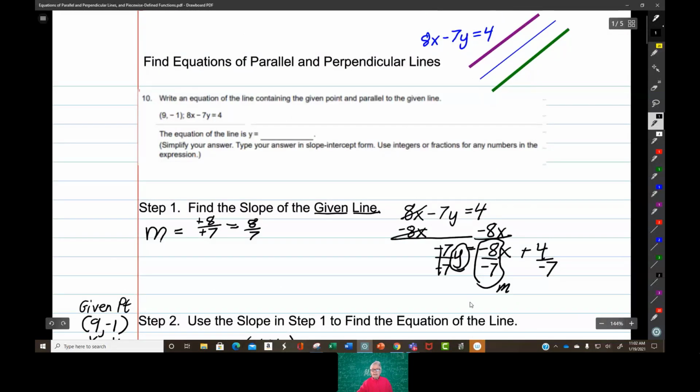Parallel lines have the same slope. That's what makes them so much easier. All right, parallel lines have the same or equal slopes.